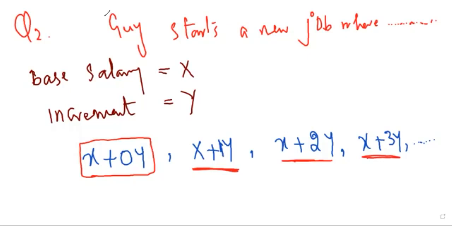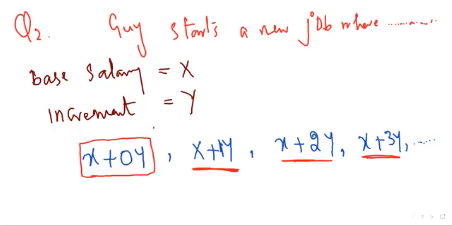It means if we add them, like first year salary, second year salary, third year salary, fourth year salary, and after Z years salary, that is called the sum of Z terms. It is given as 367,200.